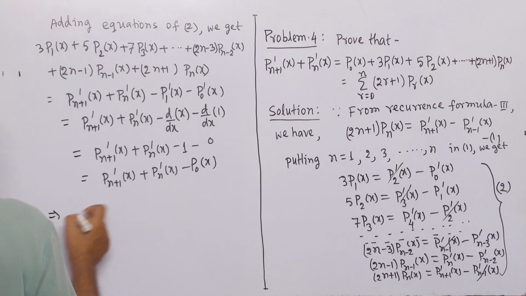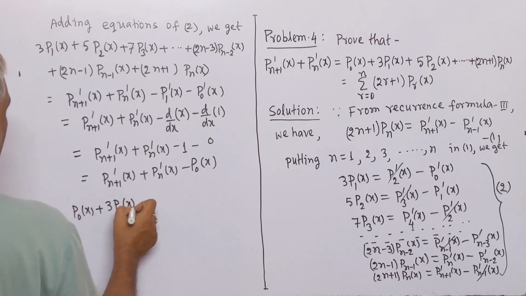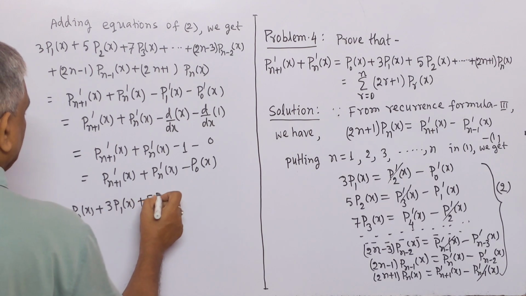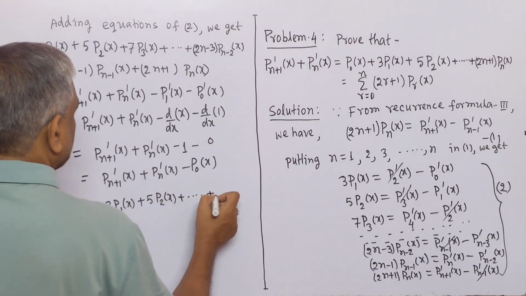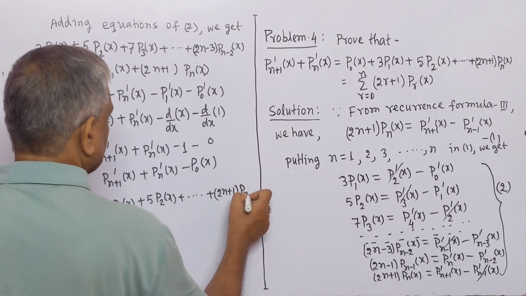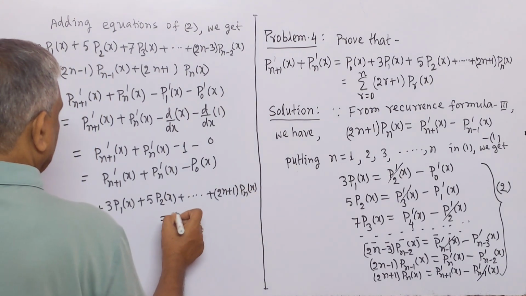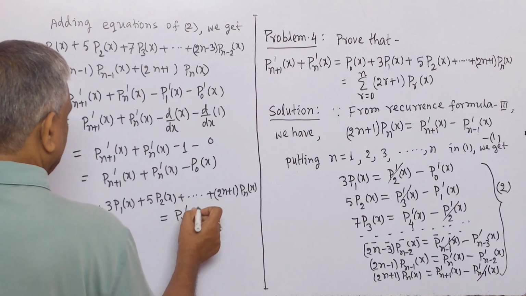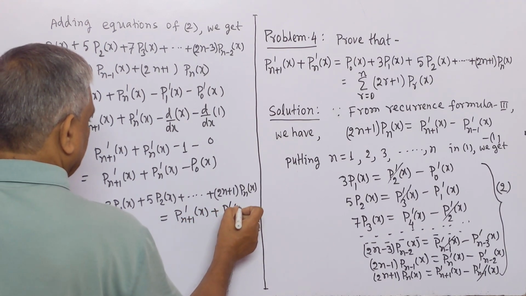This implies that if we take P_0(x) to the left side, P_0(x) + 3P_1(x) + 5P_2(x) + ... + (2n+1) P_n(x) equals P_{n+1}'(x) + P_n'(x).